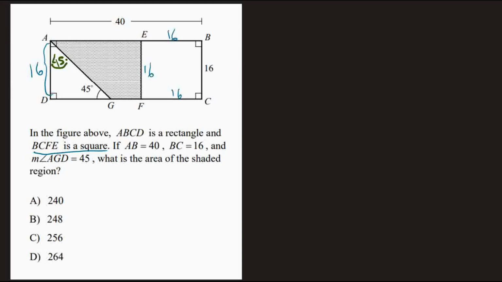Now 40 minus 16, we will get 24. Now because this is isosceles, this also will be 16. Now what is the area of the shaded region?